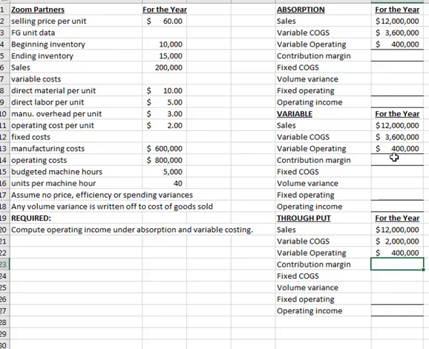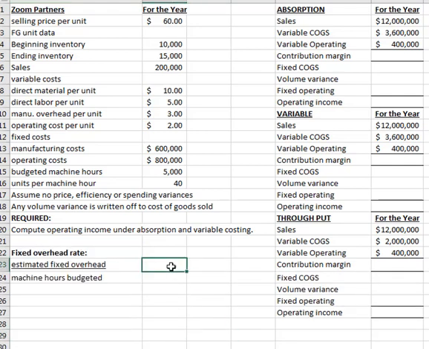Now the fixed cost of goods sold, that's where you're going to get into some really different stuff. So for absorption costing, we need the fixed overhead rate for the period. So there's your formula.